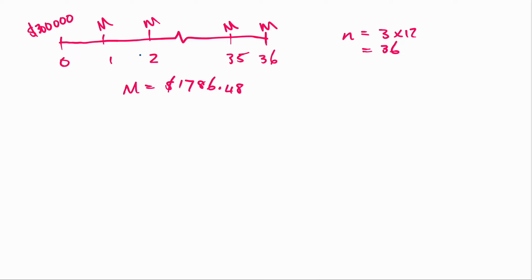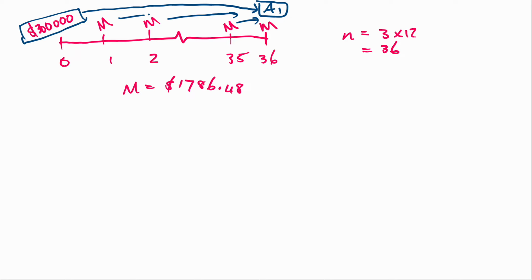To work that out, first of all we need to find the value of this 300,000, moving it with our compound interest formula up to this point in time. I'm going to call that A1. And then, secondly, we need to find what all these monthly repayments are worth at that point in time. They're going to go forward in time, and I'll call that A2.